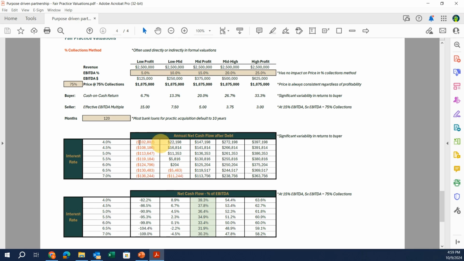Buyers, even though they can't calculate this, in my experience, they feel it. They will notice when they get their first tax return. After being an owner, they're going to look at their W-2 from the year before when they were your associate, and it's going to be odd to them that they made less as an owner than they did as an associate when this happens.